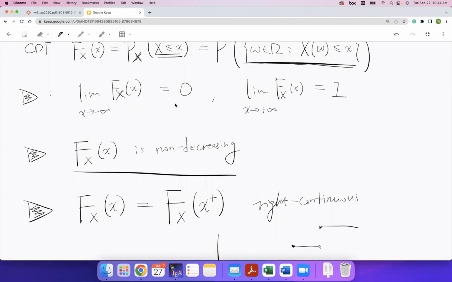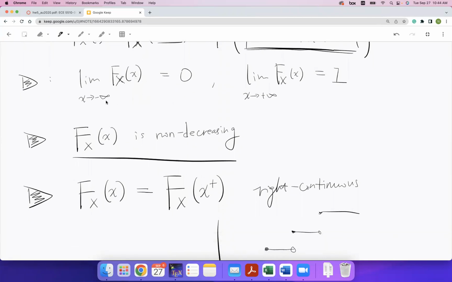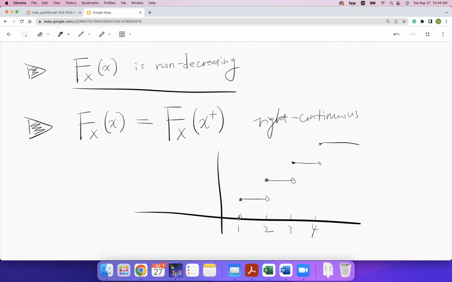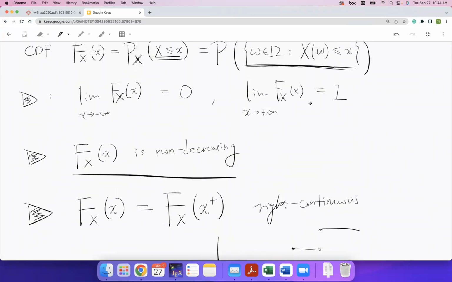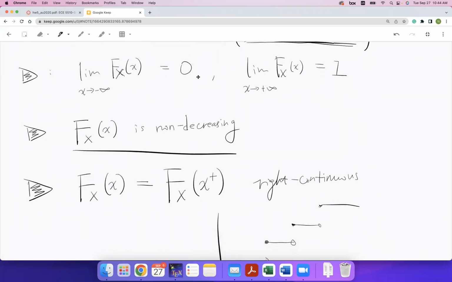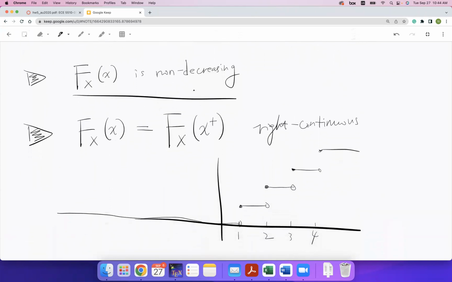For example, when x goes to negative infinity, it is 0 indeed. It is 0 for all the x values less than 1, and it is 1 for all the x values bigger than 6. So it satisfies the first condition, and apparently it is non-decreasing. In the worst case, it is a constant. A constant is also considered non-decreasing, right? A constant is not decreasing, so it's non-decreasing.